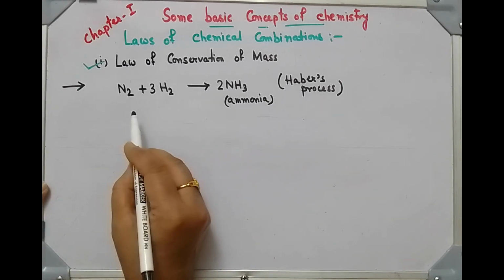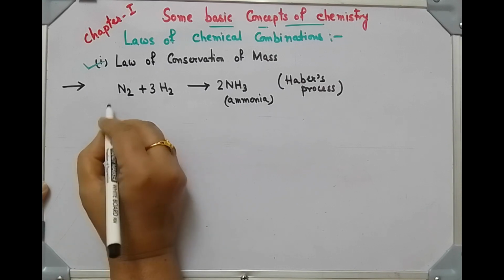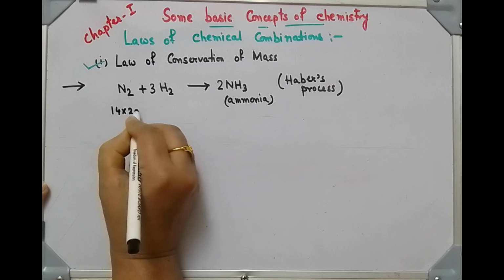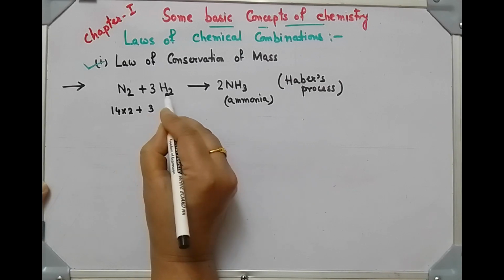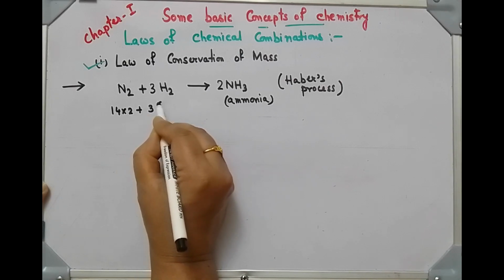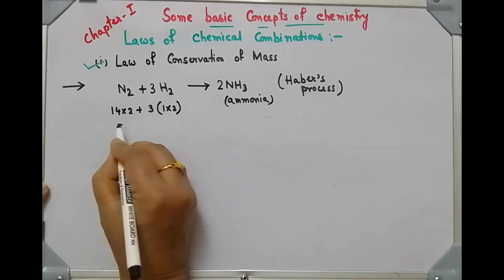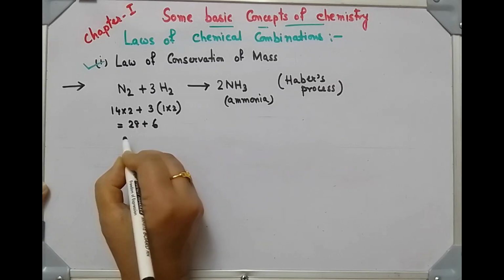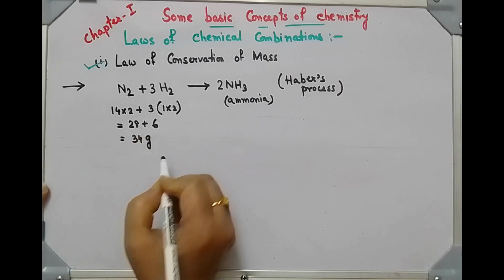Now see here, total mass of the reactants. Atomic mass of each nitrogen is 14, so 14 into 2, plus atomic mass of hydrogen, one hydrogen is 1, into 6. So it is coming 28 plus 6, 34 grams. This is total mass of the reactants.